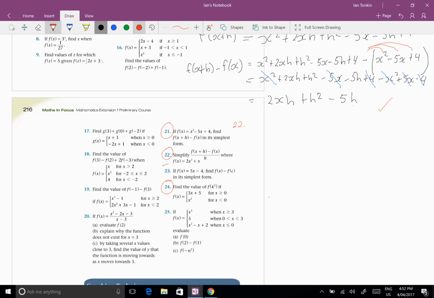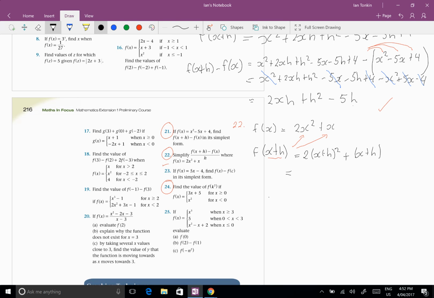I'm going to do question 22 now. So f of x equals 2x squared plus x. And now what I'm going to do is find f of x plus h, which means I'm going to put x plus h everywhere there's an x. So f of x plus h equals 2 times x plus h all squared plus x plus h.